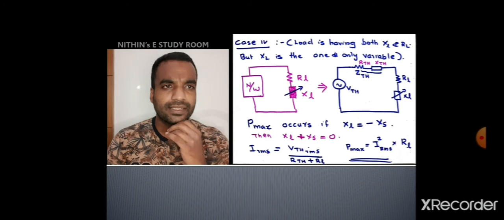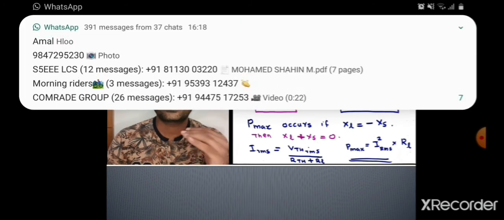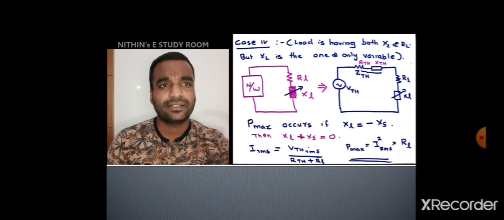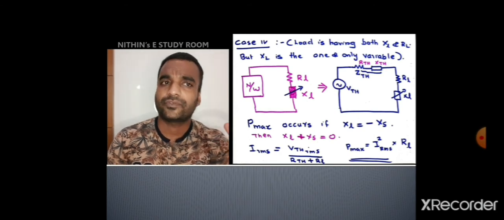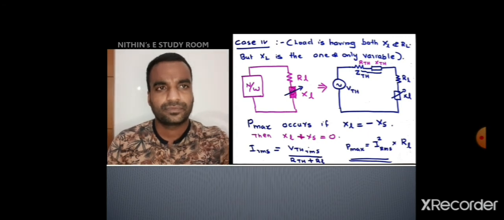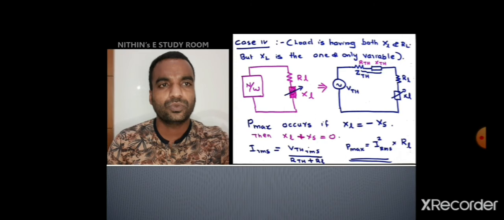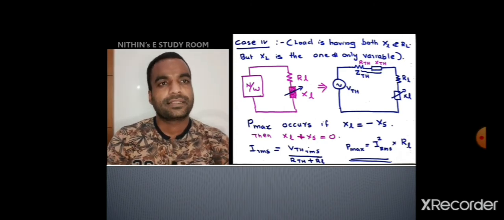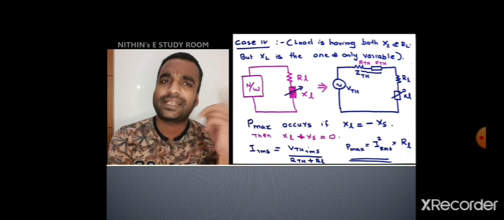So that is V by R. If the X effect is reduced or cancelled, then the V by R current will become maximum. So power also will become maximum. So Pmax occurs if XL is equal to minus XS. That is the condition. XL is equal to minus XS means what happened?